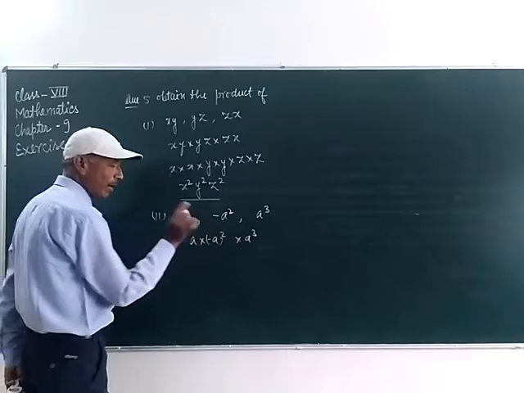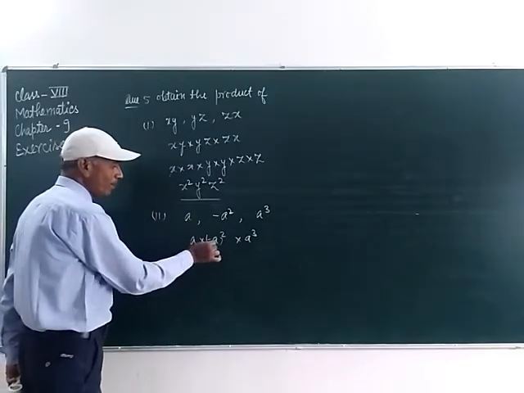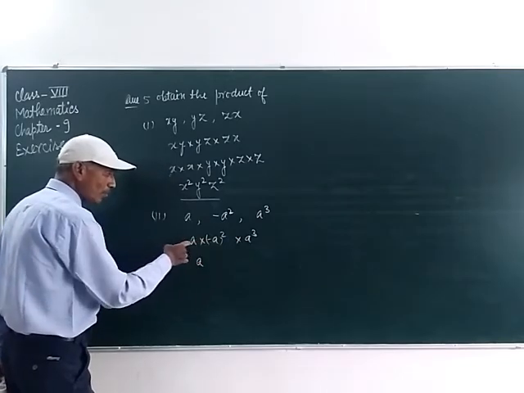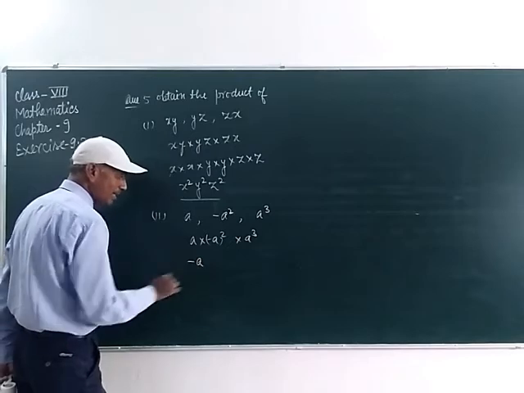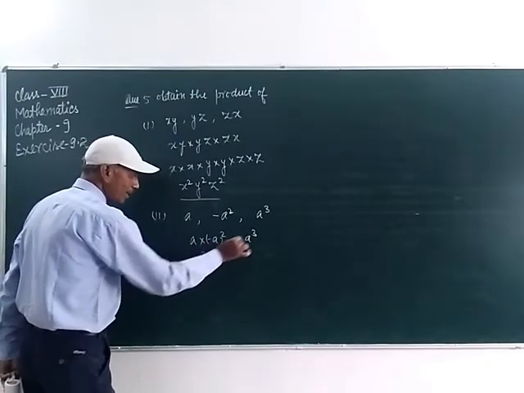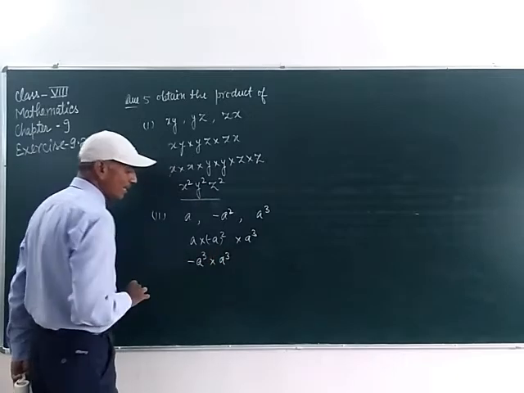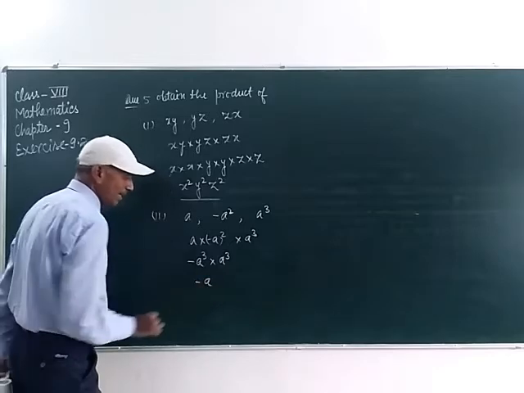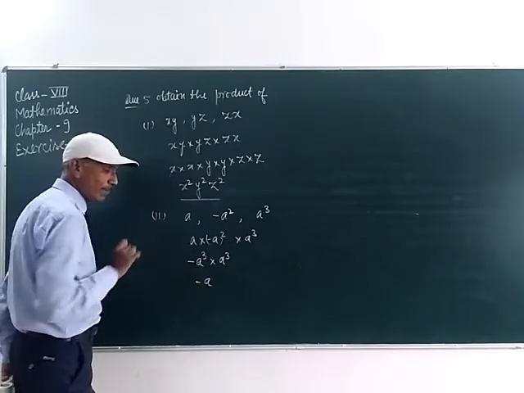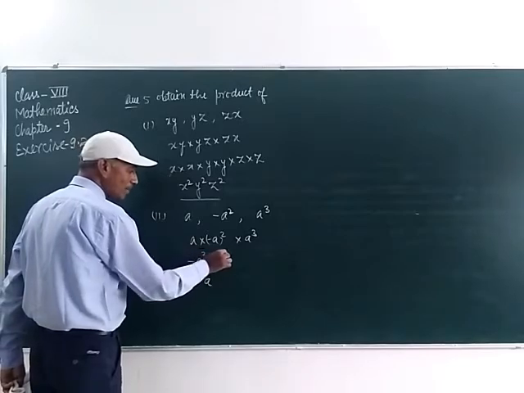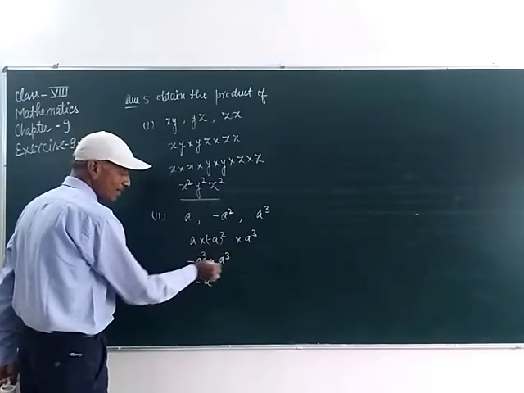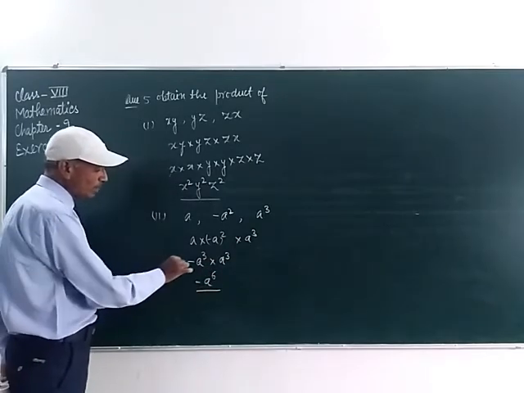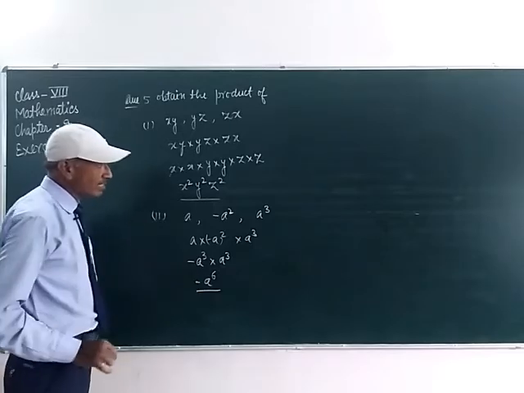So it will be added, powers will be added student if the base is same. So it will be minus a to the power 3 into a to the power 3. So a into minus a, it will be minus a, minus and plus it will be minus again student, and powers will be added because base is same student. So 3 plus 3 it will be 6. So it will be minus a to the power 6.